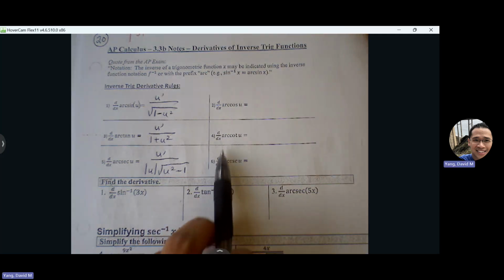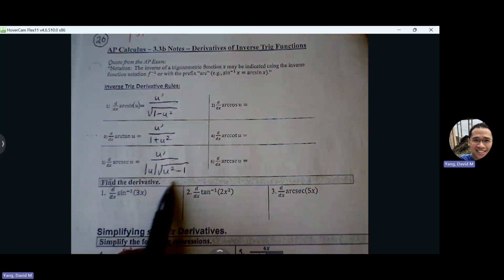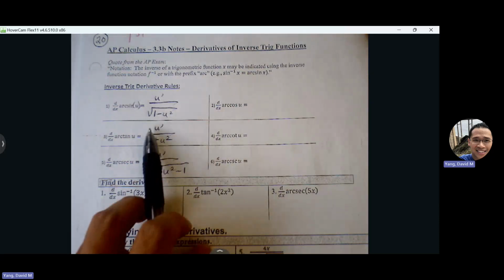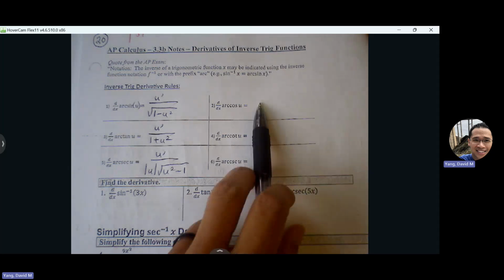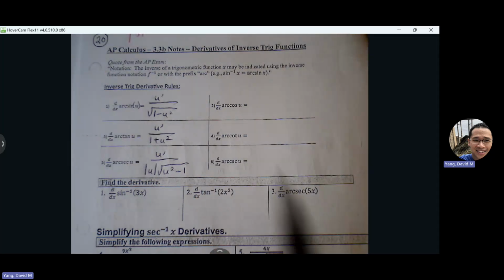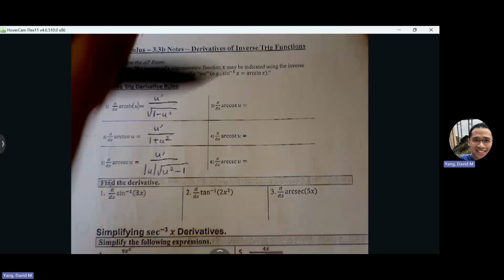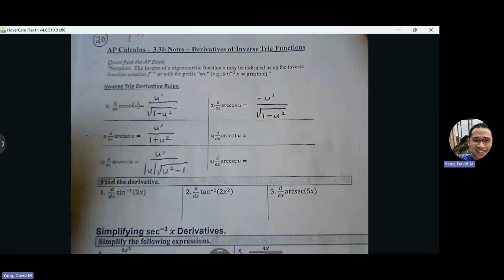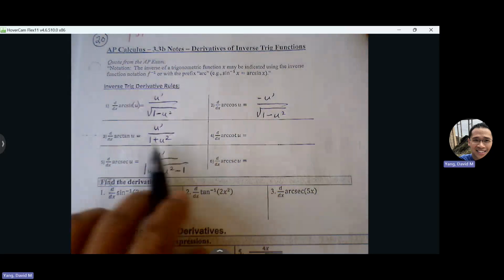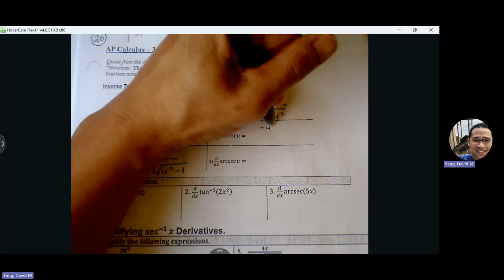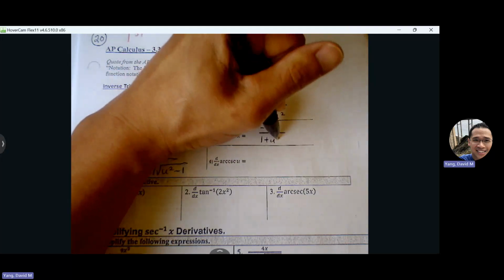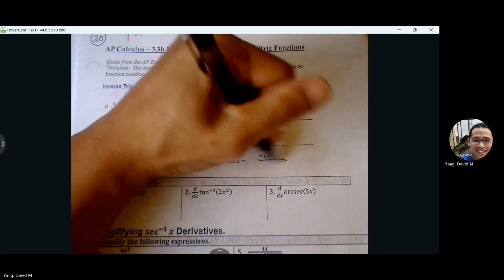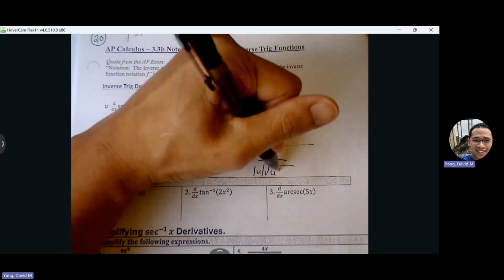In this case it's even easier, because all we need to really know are these three. The three across from arcsine, arctangent, arcsecant are basically the exact same rule, just with the negative in front. So arccosine's derivative is negative u prime over the square root of 1 minus u squared. The derivative of arccotangent is negative u prime over 1 plus u squared. And for arccosecant, negative u prime over the absolute value of u times the square root of u squared minus 1.